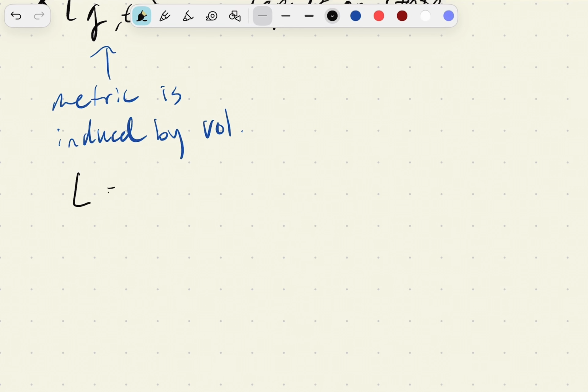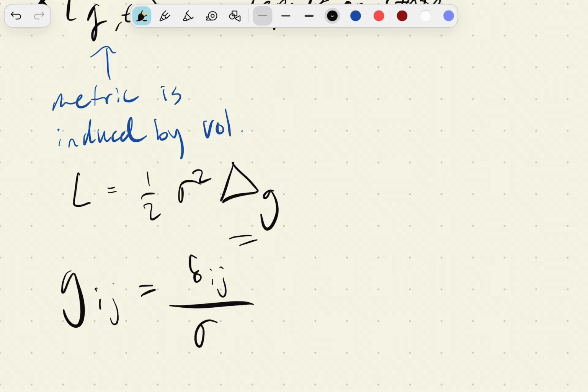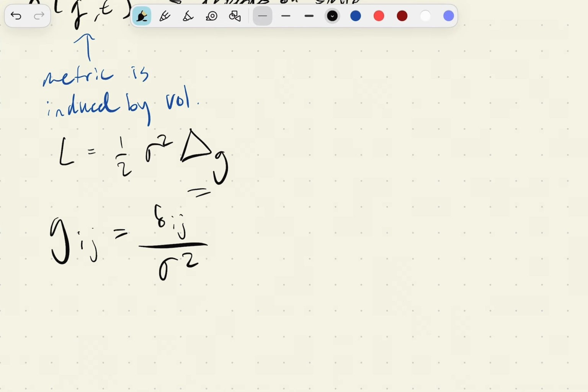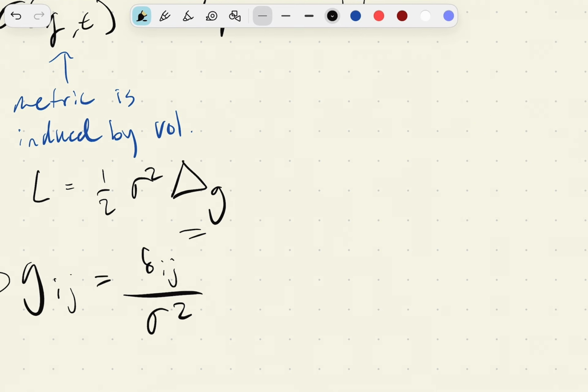What this looks like is L equal to 1/2 the variance, with the Laplace-Beltrami operator associated with some metric, let's say G. We're essentially making a coordinate system, creating a metric that is induced by the volatility itself, and then we define the Laplace-Beltrami operator on that.